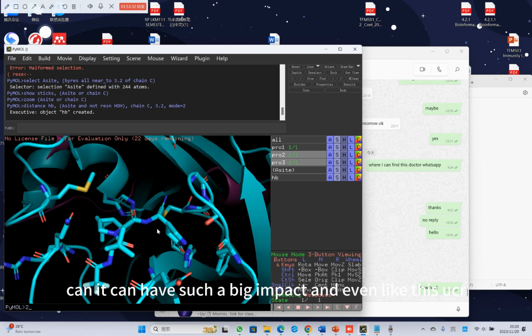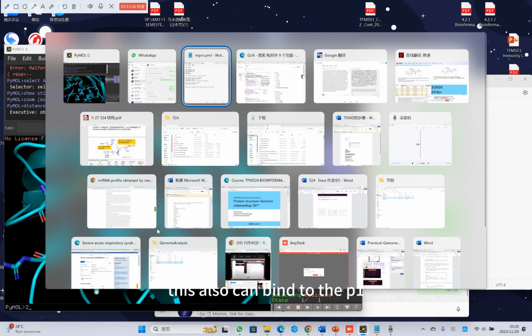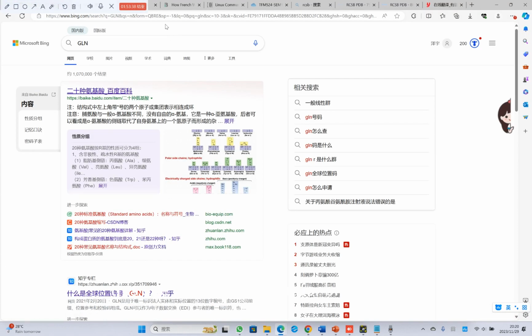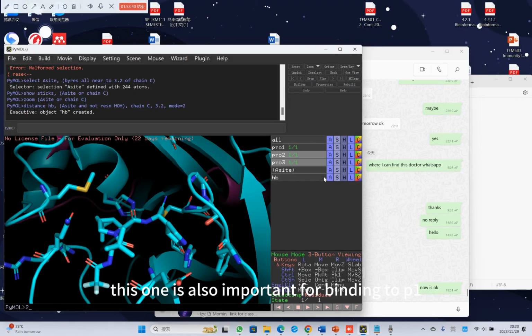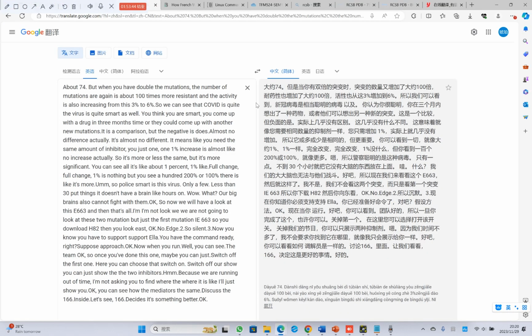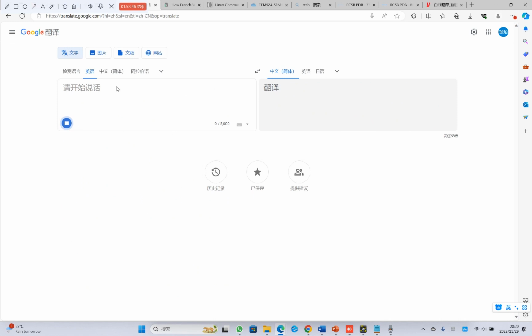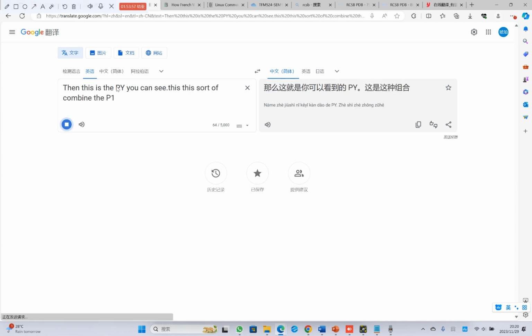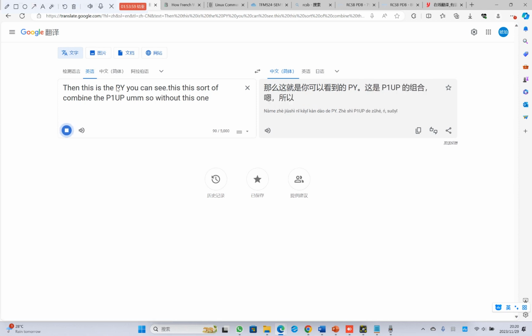And even this leucine, when you change to leucine, this can also bind to the P1. This one is also important for binding to P1. That's why when you mutate this one into leucine, this is the P1. You can see this sort of can bind to P1.